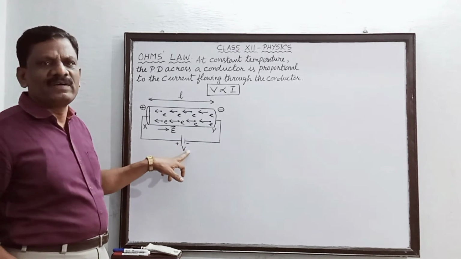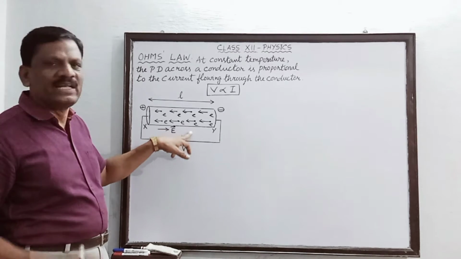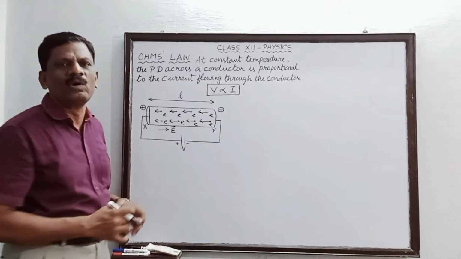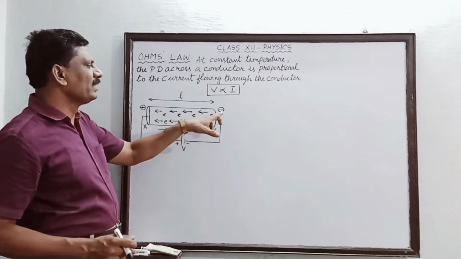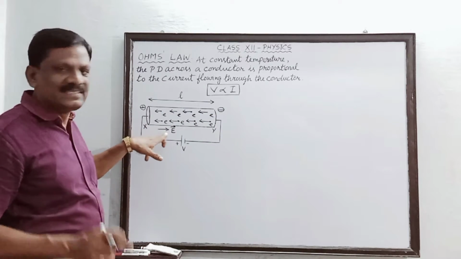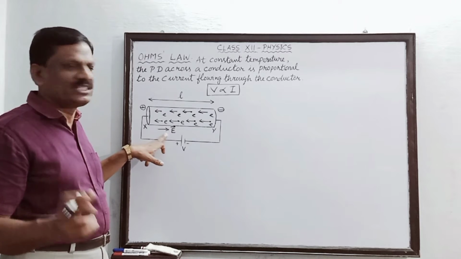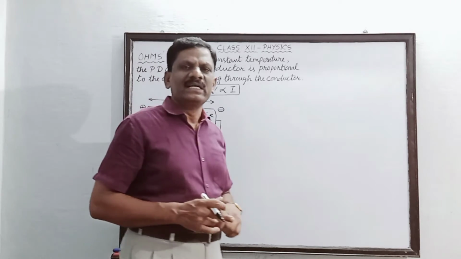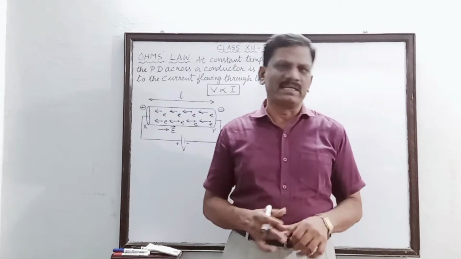Now, because of the applying of potential difference across the conductor, how do the free electrons flow? They are all flowing from the negative potential towards the positive potential. That is against, opposite to the direction of the electric field. So these electrons constitute a current which is called the electron current.